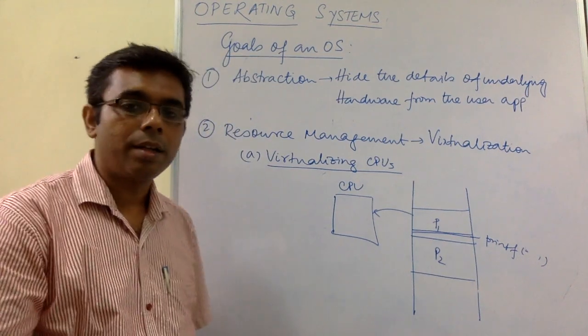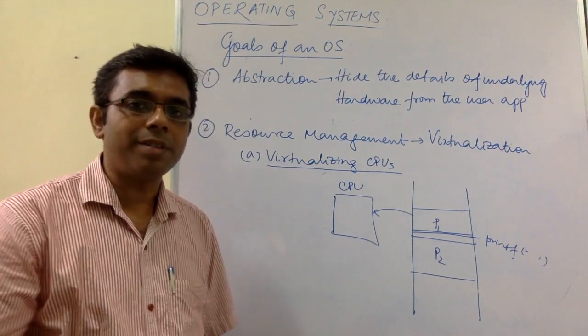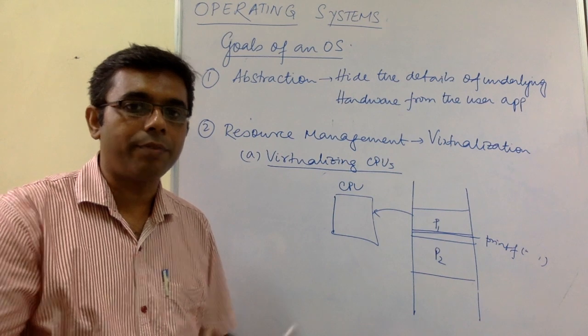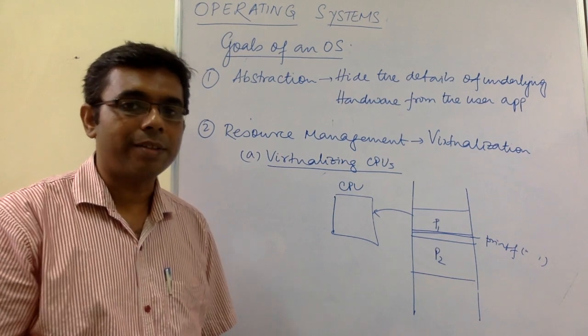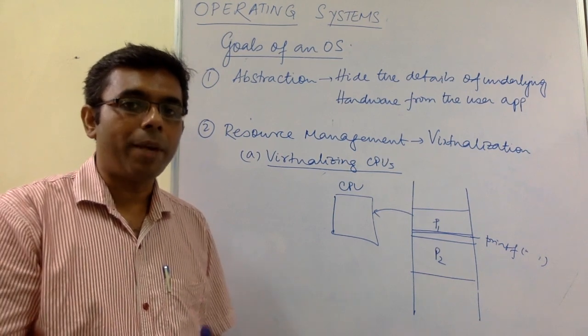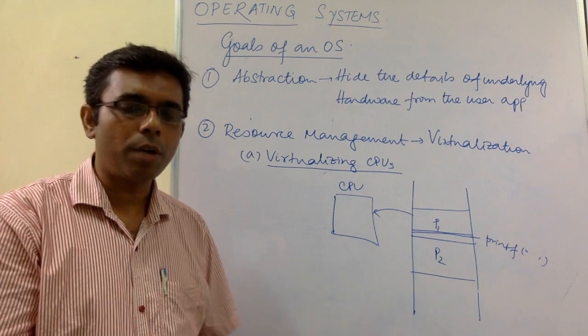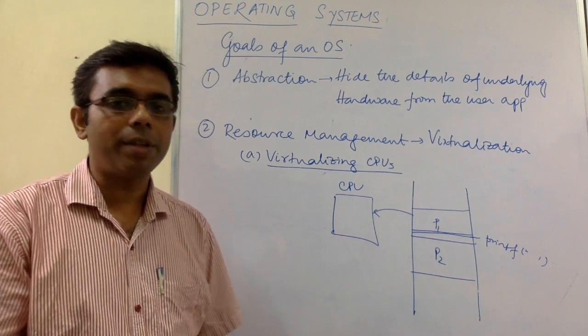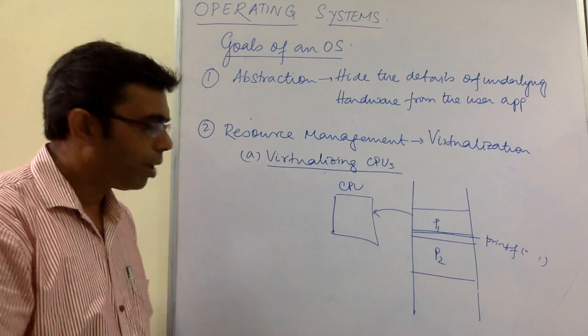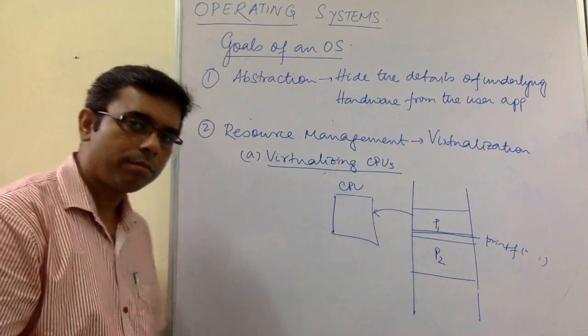And we just saw that the program doesn't execute that. The program doesn't have the privilege to access the hardware. Rather, it's the operating system that does it for the program. The program puts a request and the operating system does it. So what happens to the program during this time?